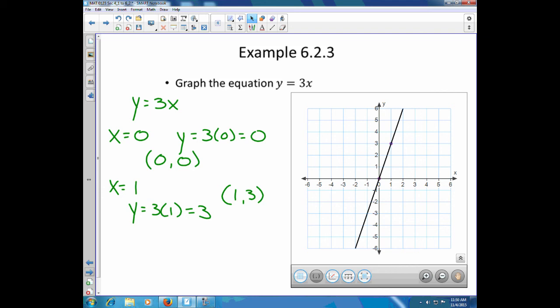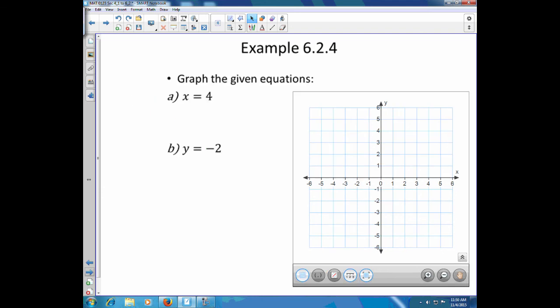Let's try another one. Here we want to graph the equations x equals 4 and y equals negative 2. Now there's something to be said about these particular equations. X equals 4 just means that it doesn't matter what y is, x is always equal to 4.